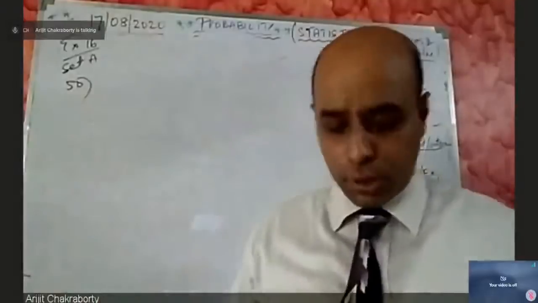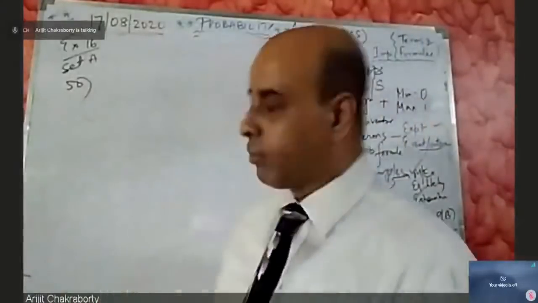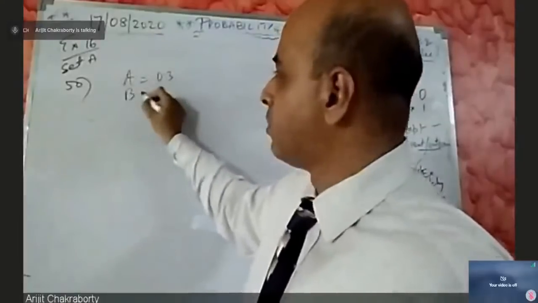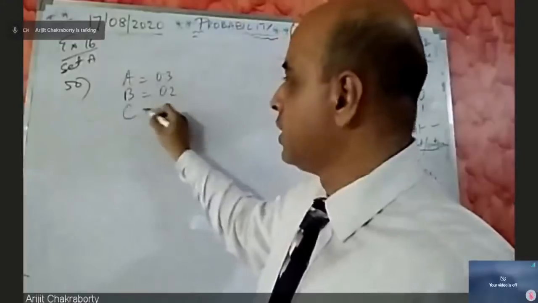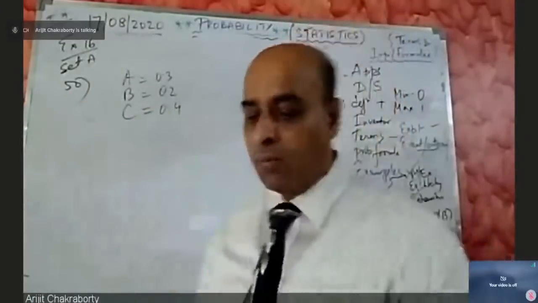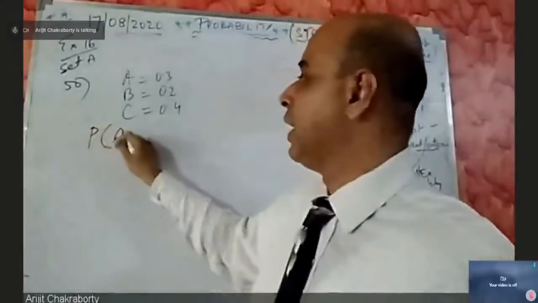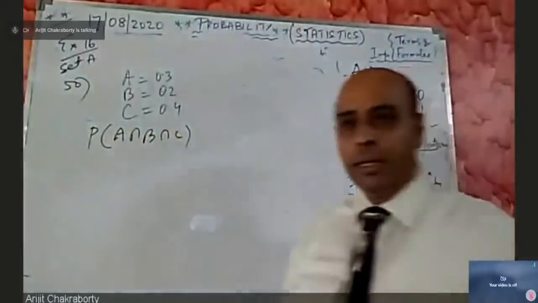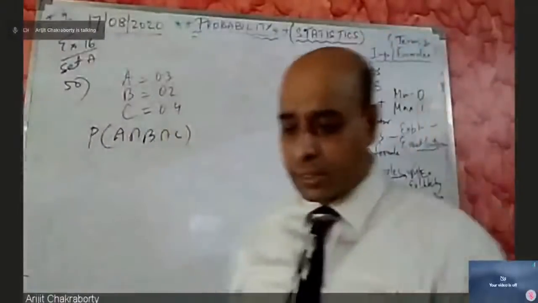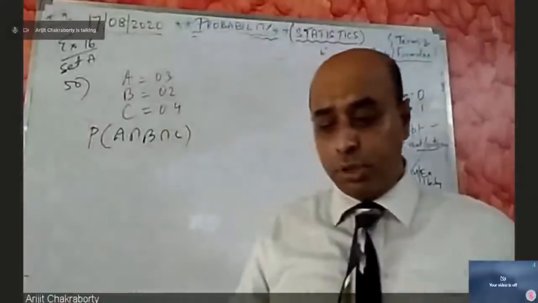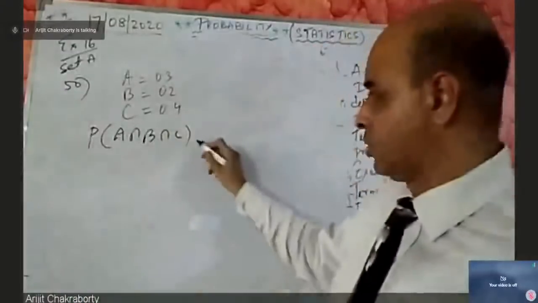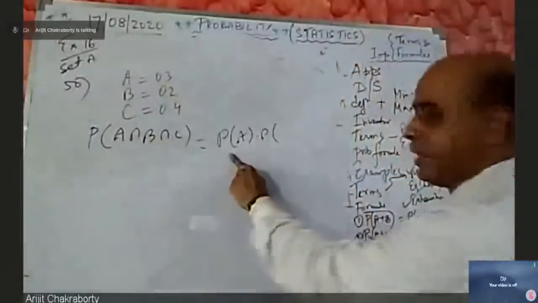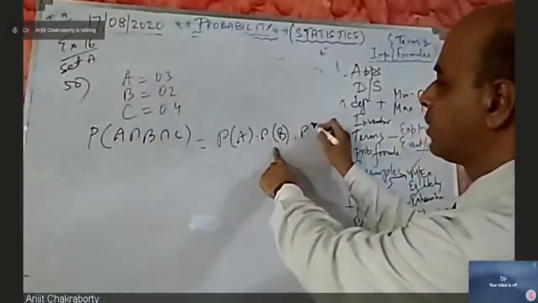A, B, C are three mutually independent events with A's probability 0.3, B's probability 0.2 and C's probability 0.4. What is the probability of P(A intersection B intersection C)? Question number 50, very simple. It is given that they are mutually independent, so this will be equal to the product of their individual probabilities, P(A) multiplied by P(B) multiplied by P(C).